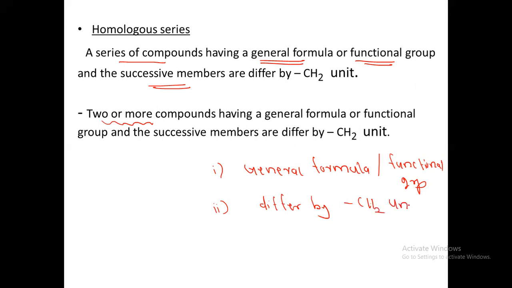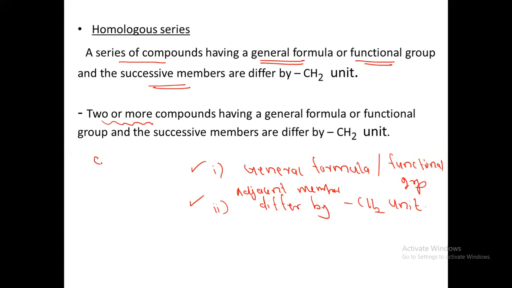These are the two conditions to be a homologous series. If these two conditions are satisfied, you can call it a series. A minimum of 2 compounds is required to form a homologous series.